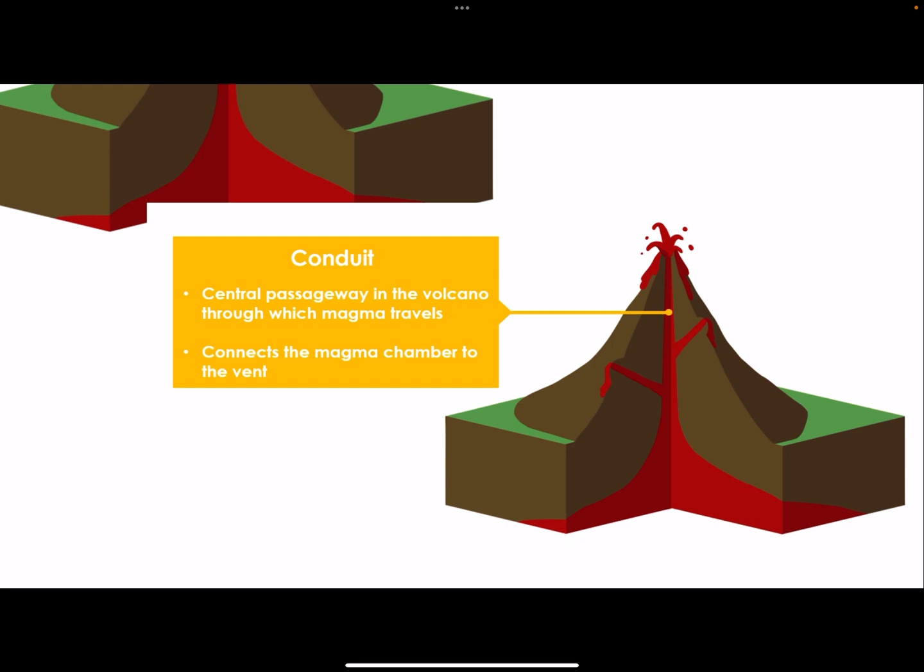So the main one is called the conduit. If you use the term pipe, sometimes you'll come across terms called the main pipe. That is the conduit. There are many pipes because sometimes you do have sideways pipes that come out from the side. So if you're talking about the conduit, you're looking at the main pipe that connects the magma chamber to the vent itself.